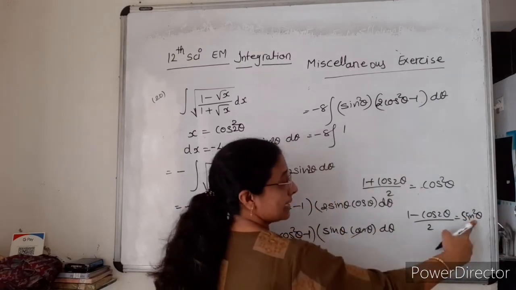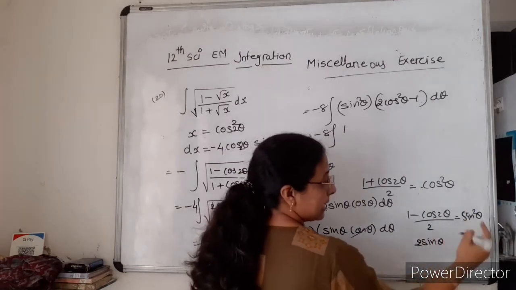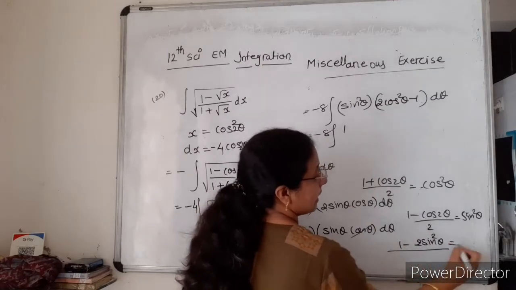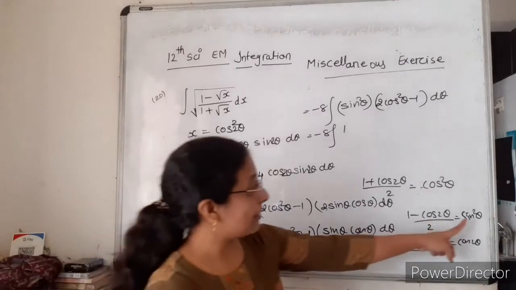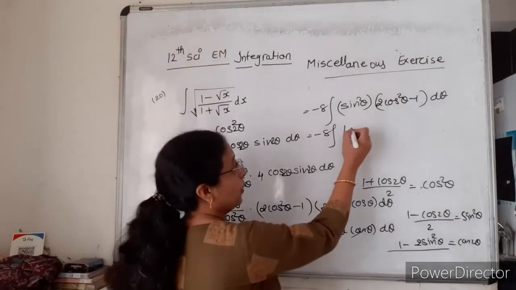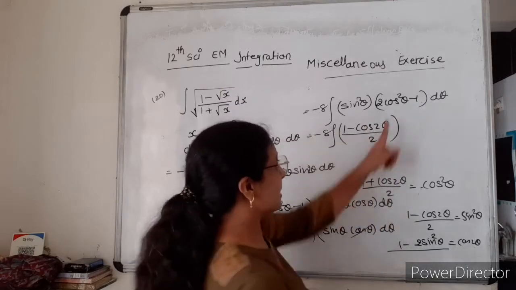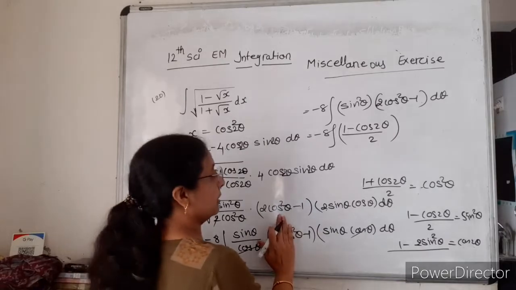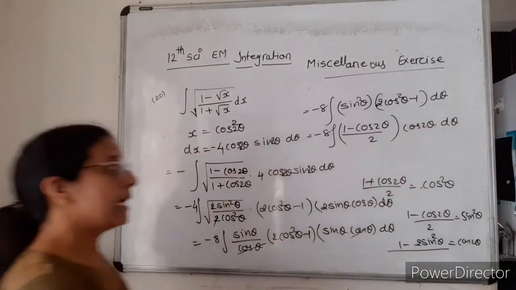So 1 minus 2 sin square theta is equal to cos 2 theta. Yes or no? So what will we write for sin square theta? 1 minus cos 2 theta by 2. Instead of this, we'll write this as cos 2 theta only. There's no need to convert this. It is cos 2 theta d theta. Let it remain as it is.